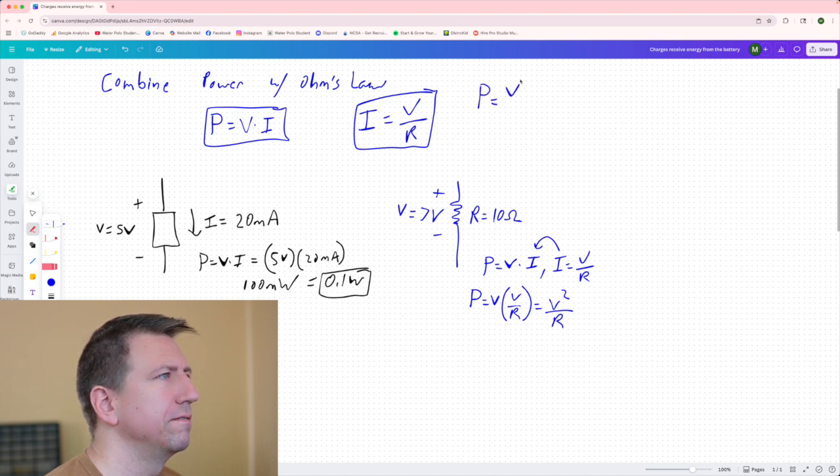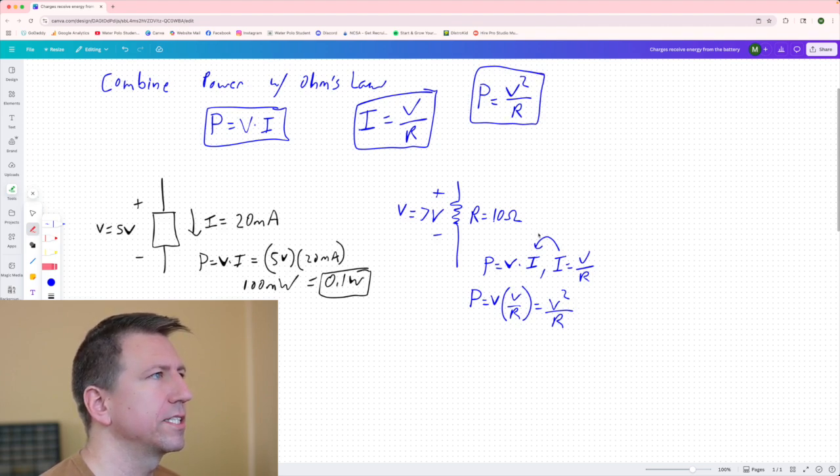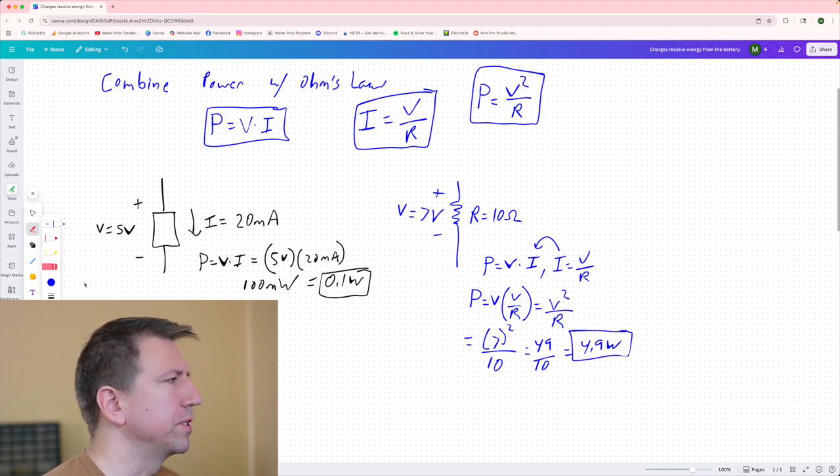P is V squared over R, and it doesn't have I in it, so I don't need to know the current, I just need to know the voltage and the resistance. And so substituting in here then, I get 7 squared over 10, which is 49 over 10, which is 4.9 watts. So that's pretty cool. I can do that without knowing what the current is.